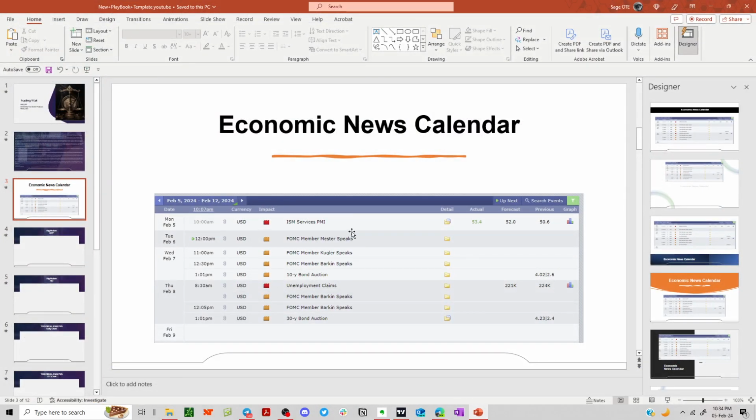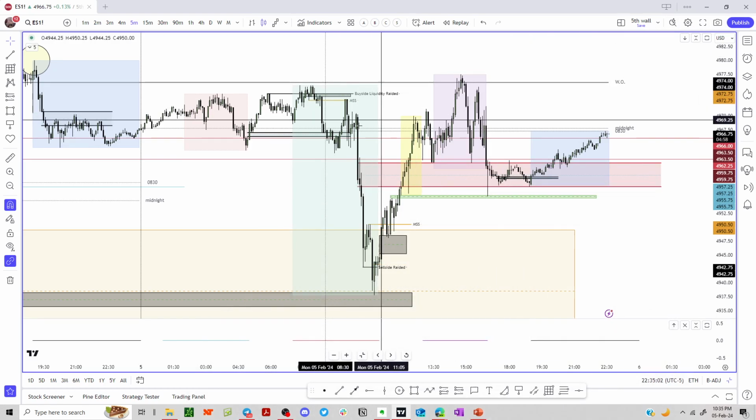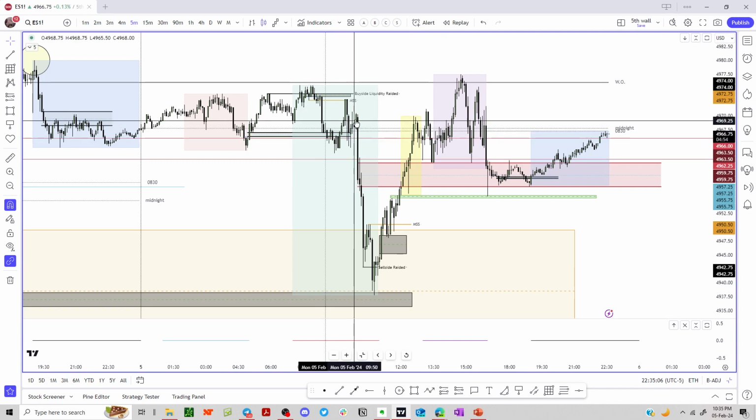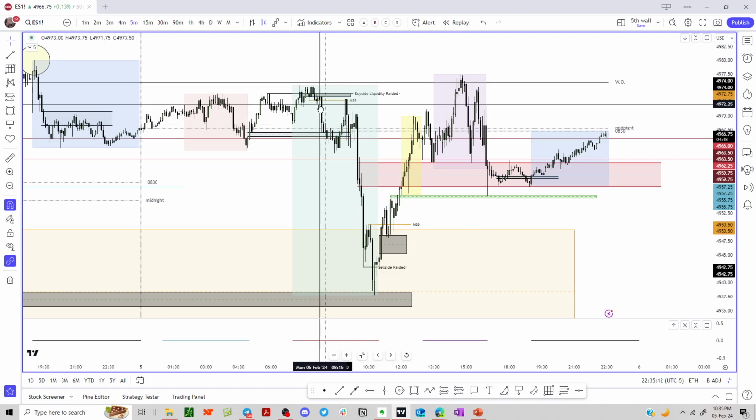ISM services PMI data, and this was taken not too long ago. I'm honestly not even concerned with the numbers. It's just more so, hey, what do we see in the charts at the time? And again, we see a complete setup, and even this was a setup because you have it trading below this fair value gap.